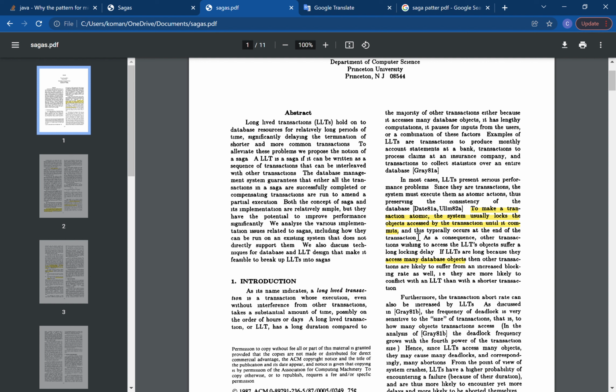First of all, I mentioned the locks. When we talk about sagas, the saga initially solved a problem related to locks in databases, and most problems with transactions are related to locks.